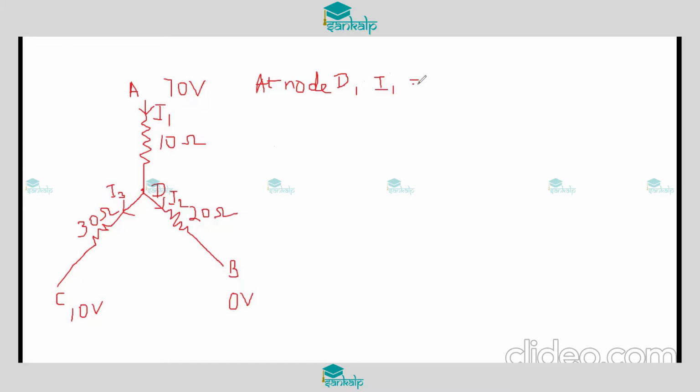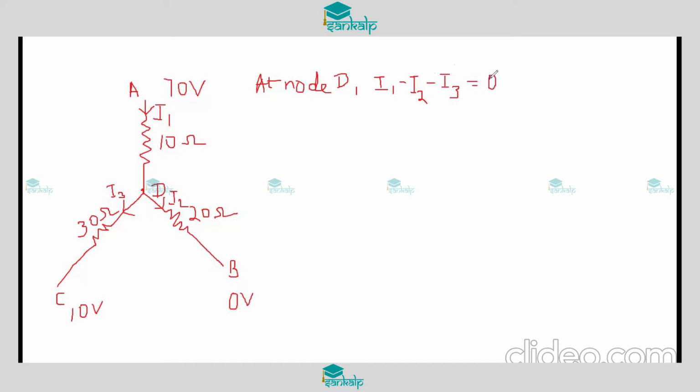When you observe the other two currents, they are leaving, so I can write minus I2 minus I3 is equal to 0.